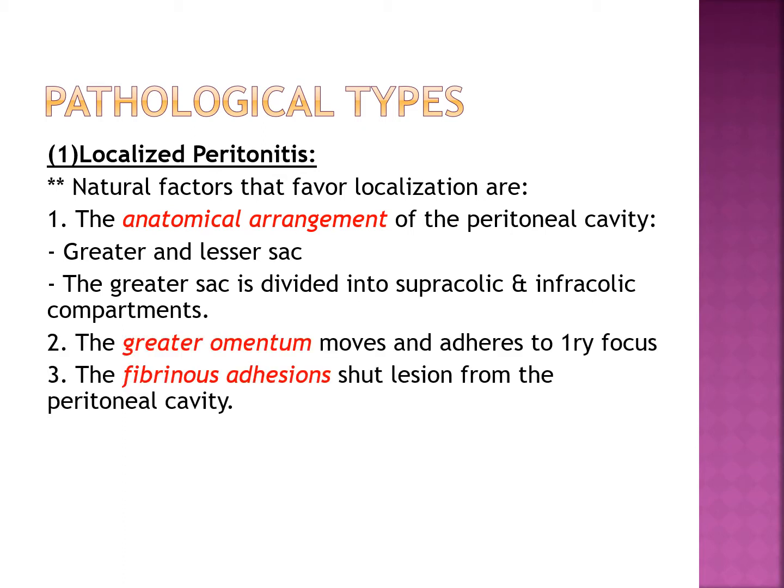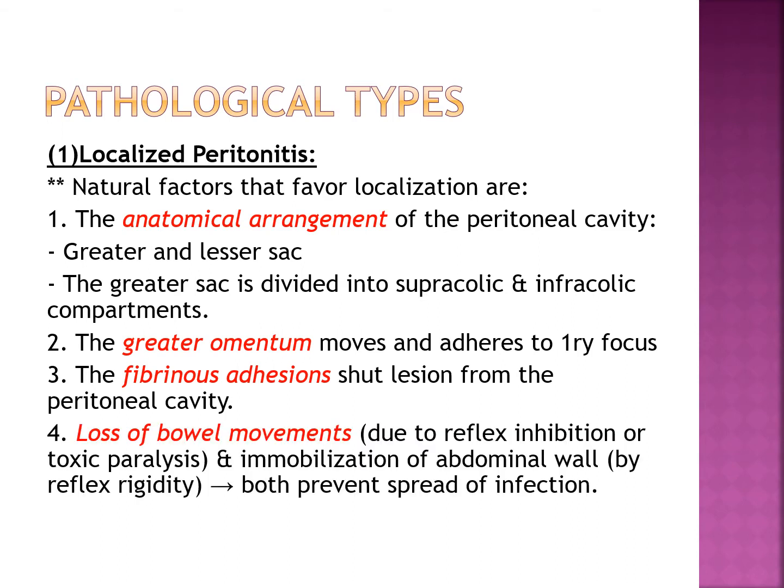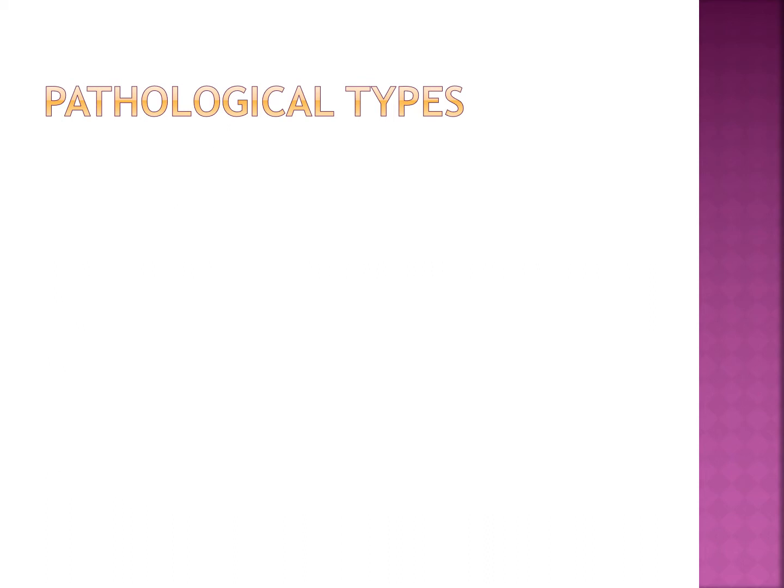And finally, the intestinal movement, which helps to spread the infection into the whole abdominal cavity, is reflexly inhibited by toxic paralysis, leading to immobilization or paralysis of the bowel, known as paralytic ileus, and this loss of bowel movement helps in localization of the site of peritonitis. So these are the factors that favor localization.